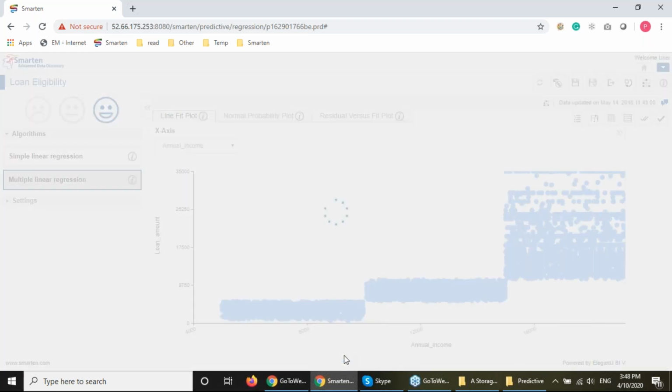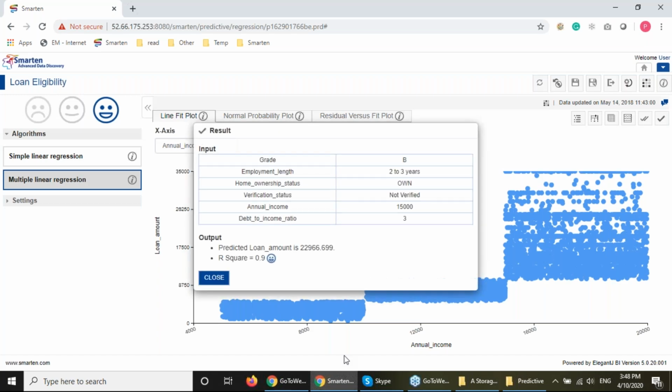When I apply, you can see that for this combination it shows that this much amount should be approved, based on the past data and the relationship between all these attributes.